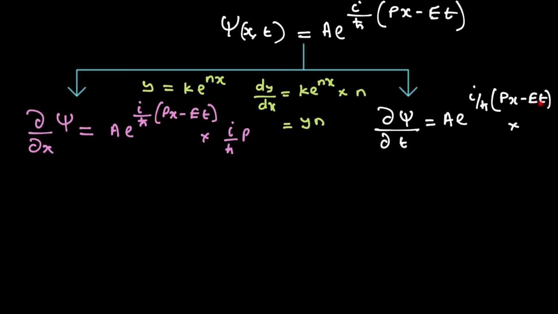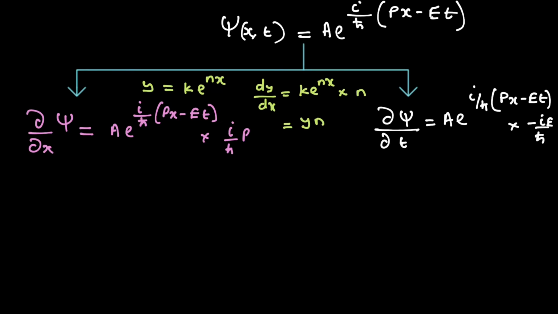That will be E, and if you differentiate px, that will be 0, and so that will be minus E. If you differentiate Et, you get E, that's minus E times i over h bar. So what we're going to get is basically times minus i over h bar E.